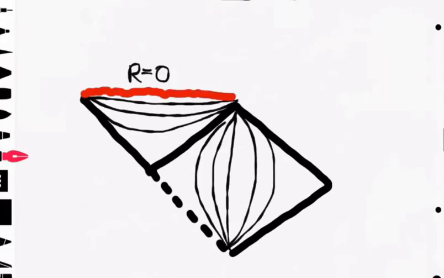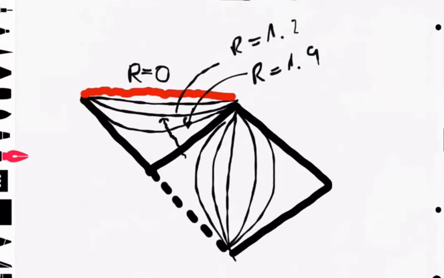When we cross the event horizon and start to cross different surfaces of different constant radii, this one could be r equals 1.9, this one r equals 1.2, and this one r equals 1.